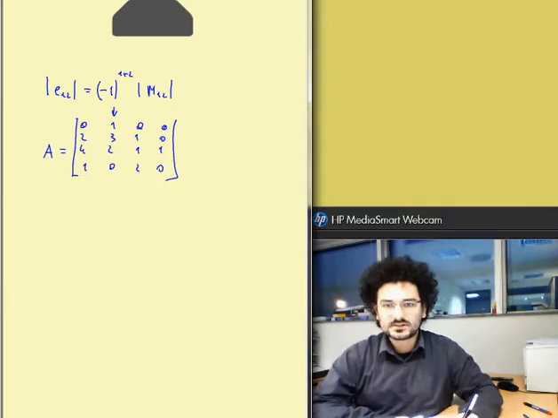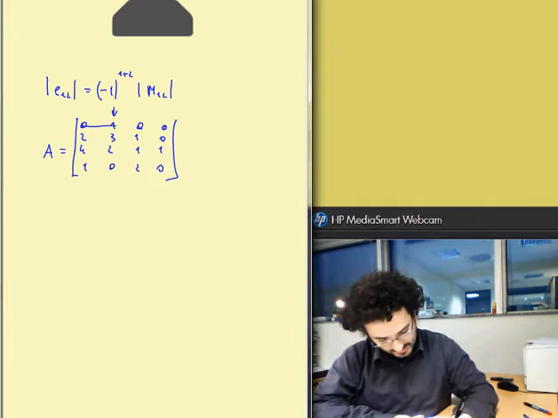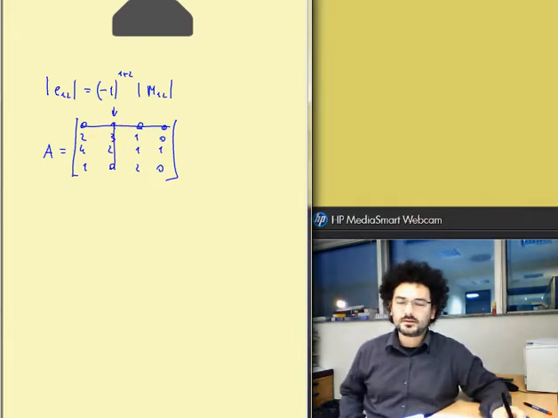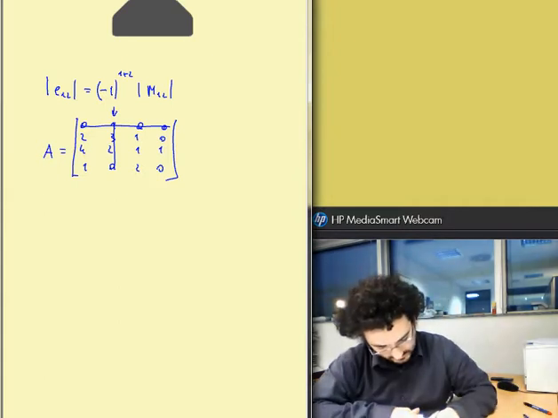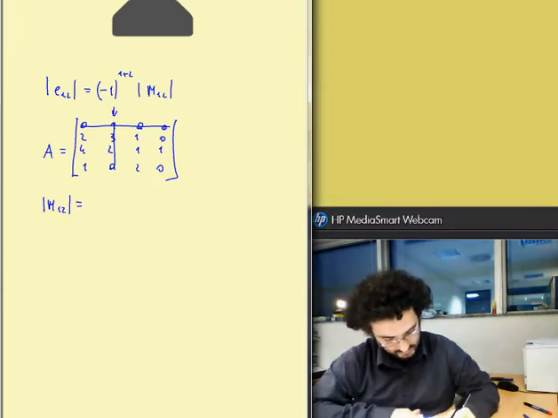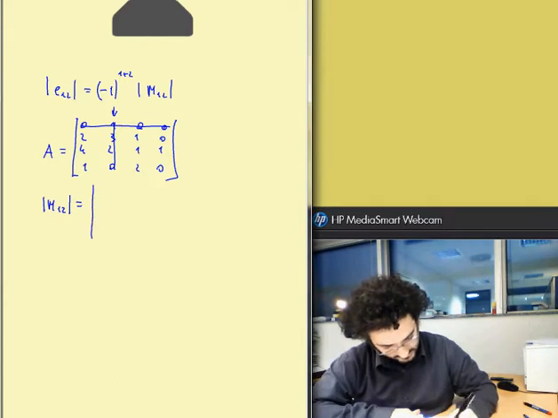The minor M12 is the submatrix we can get by deleting the row and the column of the element we are considering. So we can write that the determinant of the minor M12 is equal to the determinant of the matrix 2, 1, 0, 4, 1, 1, 1, 2, 0.